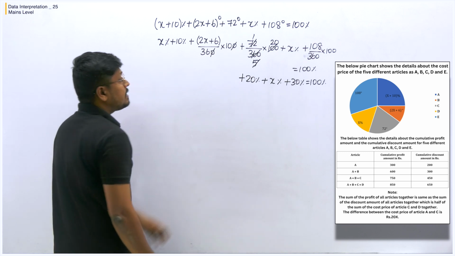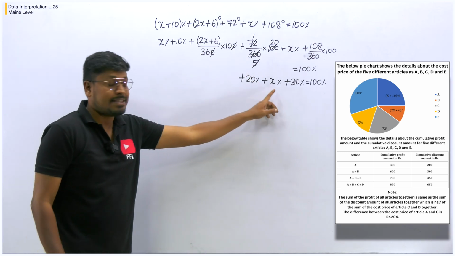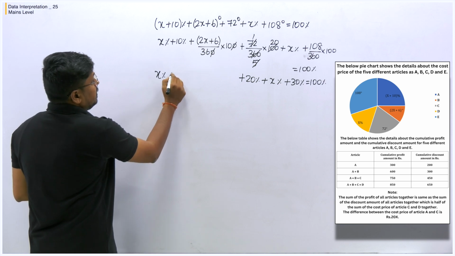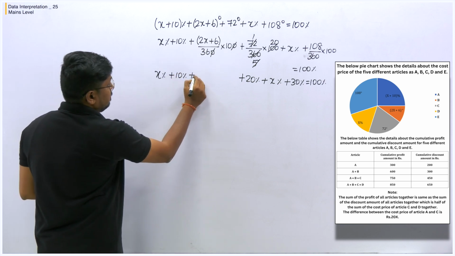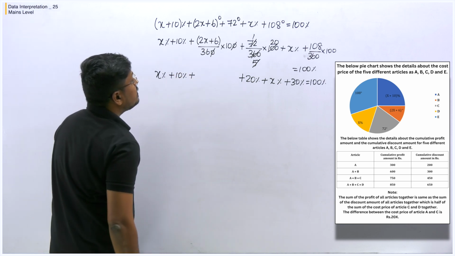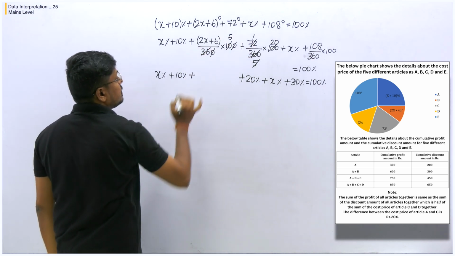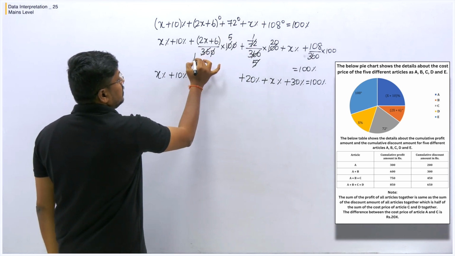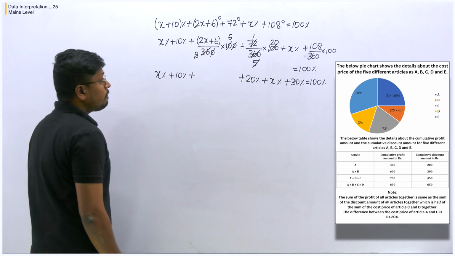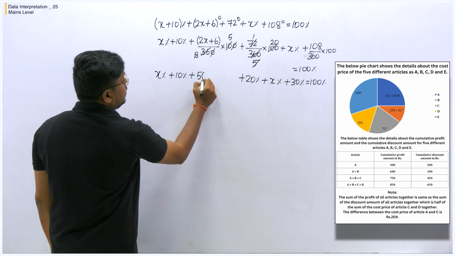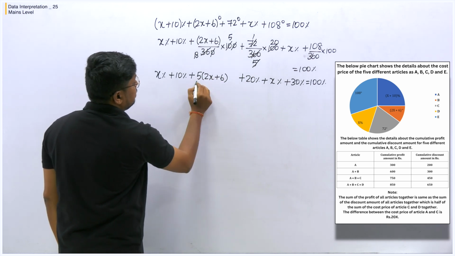So finally we converted some values in terms of percentages, and here we have x percentage plus 10%. Plus, we can cancel using the 2 table. 5 2s are 10, and 18 2s are 36. So the remaining value that we have is 5 into (2x plus 6) divided by 18.